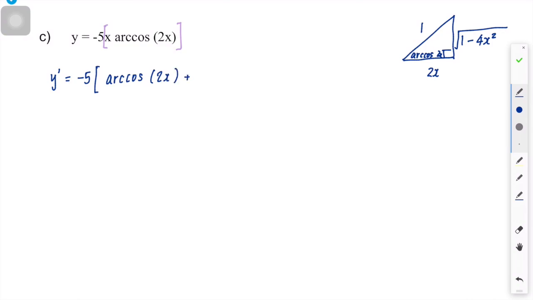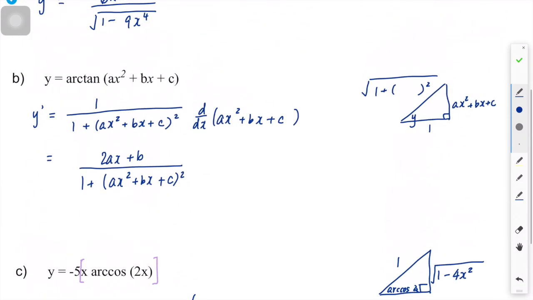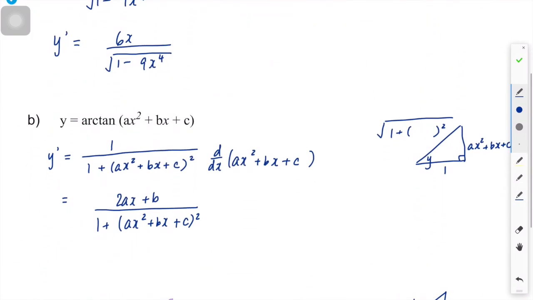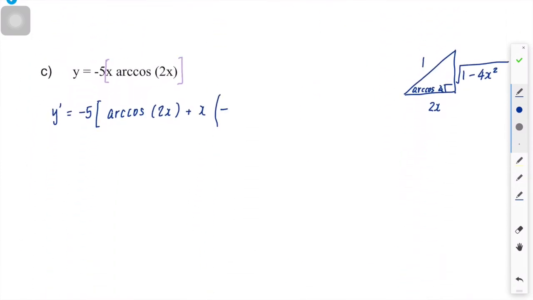plus x multiplied by the derivative of arccos. What would that be? Use the chart. Arccos is -1 over square root of 1 minus x squared. So we're going to have -1 over, using the triangle, I know that this will be square root of 1 minus 4x squared. And then take the derivative of 2x.